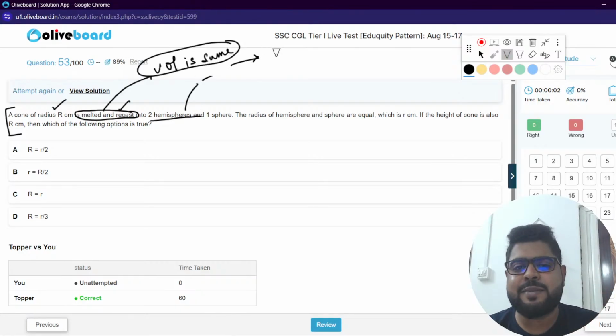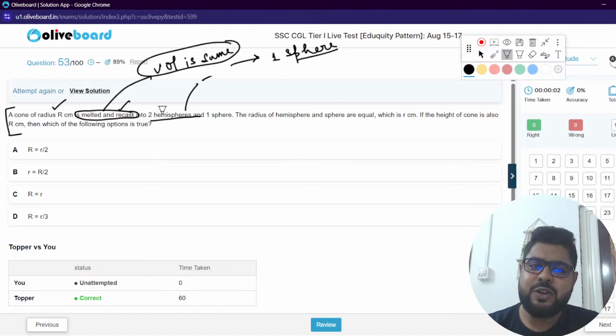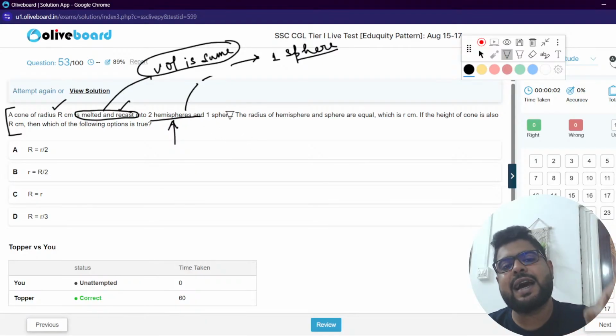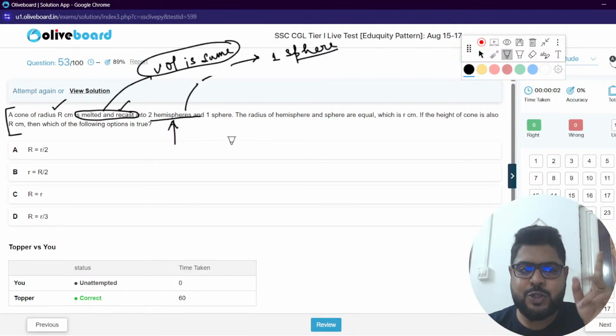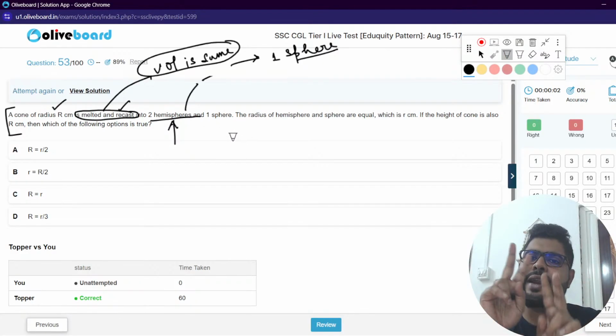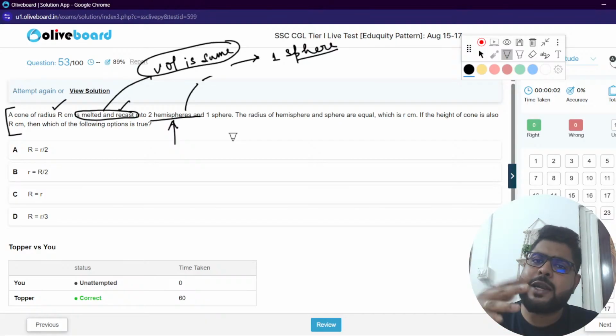Two hemispheres means one sphere. So it is melted and recasted into one sphere and another sphere, meaning two spheres. So one cone melted and recasted into two spheres. Learn how to read between the lines. That is the only way to save time.